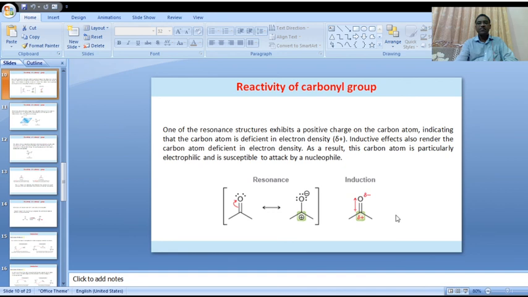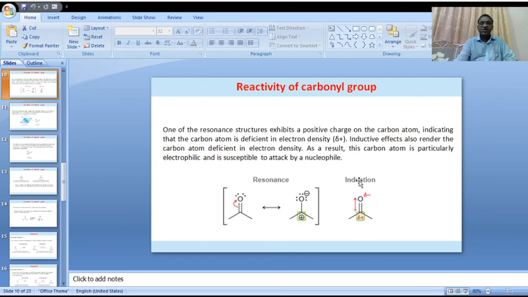Is it clear? As a result, this carbon atom is particularly electrophilic and is susceptible to attack by a nucleophile.